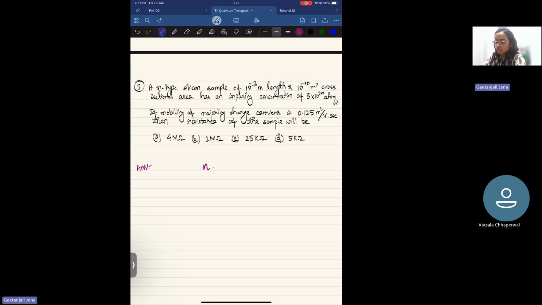So the impurity concentration is 5 into 10 to the power 20 atoms per meter cube, the length is 10 to the minus 3, and the cross-sectional area is 10 to the minus 10.